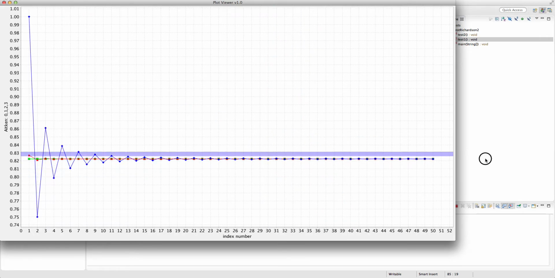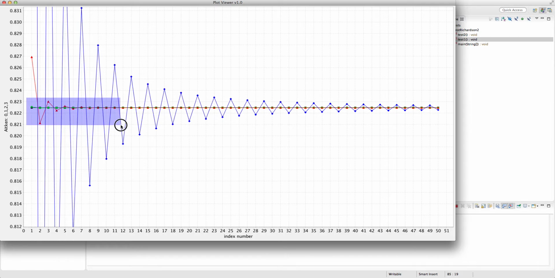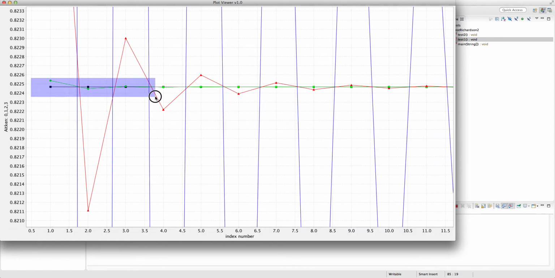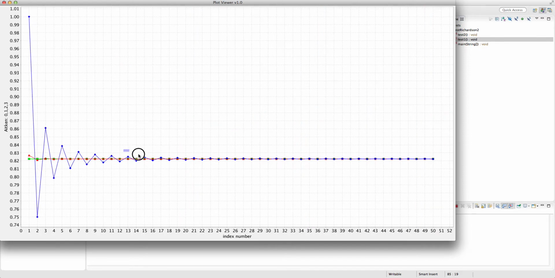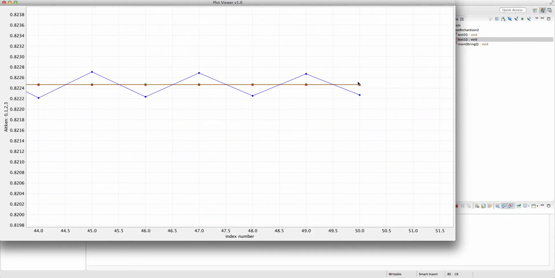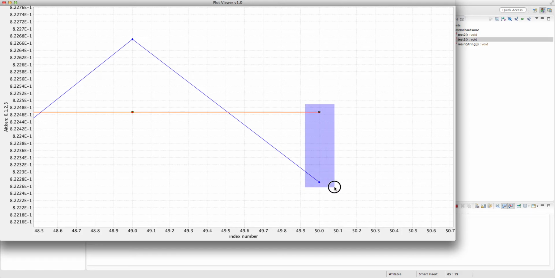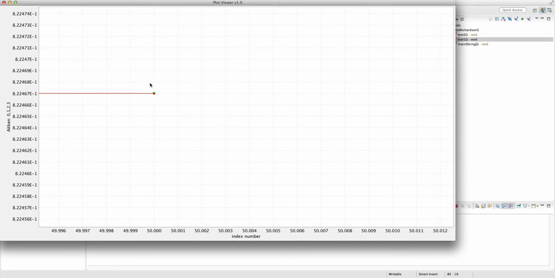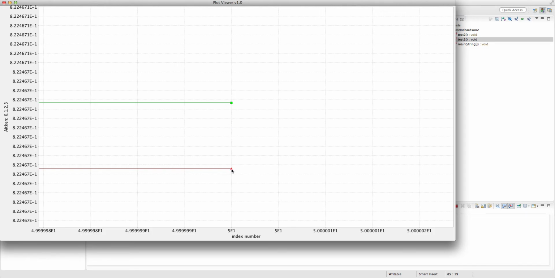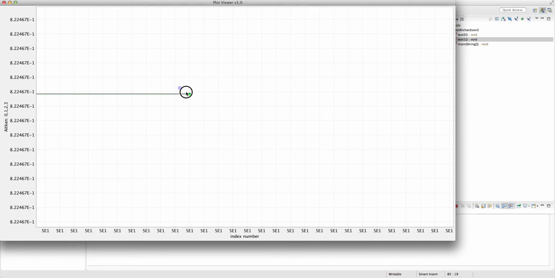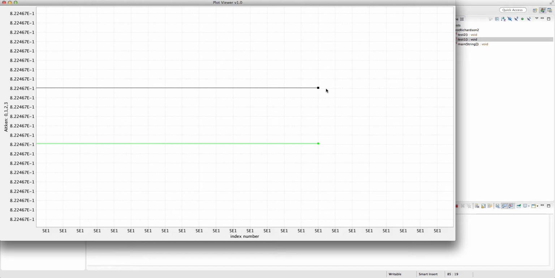So you see that after 3 Aitkens on the original sequence, the black one, after 2 terms you're there, right? The error is very small. So let's zoom in as much as we can. The red is the first Aitken, the green is the second Aitken, and the black is the third Aitken.